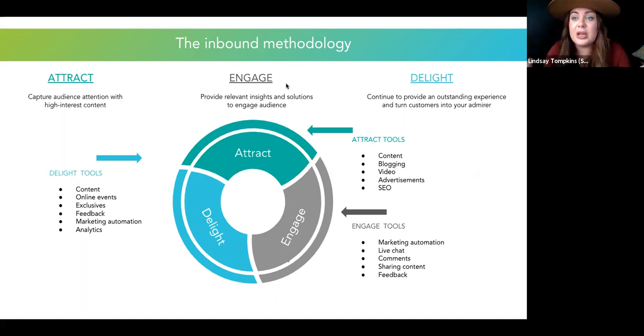You're letting them feel special and that they're a part of something. It's a cultural thing, right? And then you get to also utilize marketing automation too to help foster some of those really deep connections, and then use your analytics to help lead you in what it is you need to be doing and improving on.